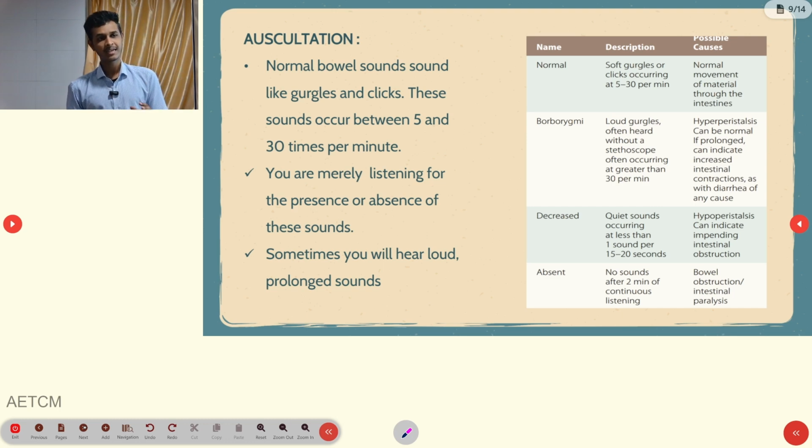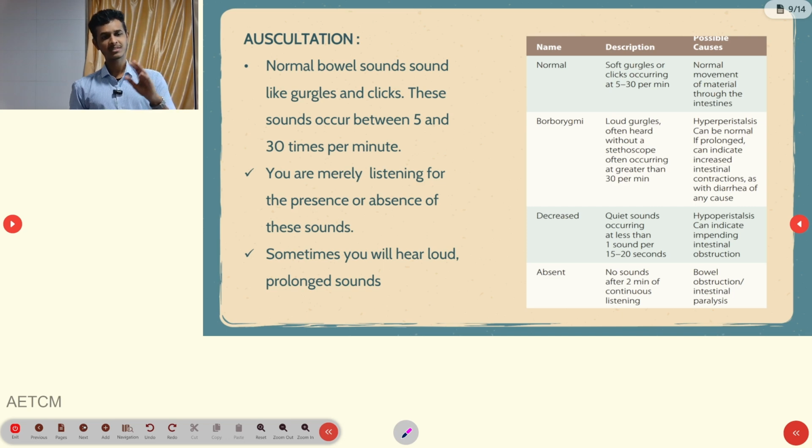Decreased sounds because of hypoperistalsis can indicate impending intestinal obstruction. Impending means about to happen, so that may lead to intestinal obstruction. Here the sound will be quiet, less than one sound per 15 to 20 seconds, so zero or one sound within 15 to 20 seconds.